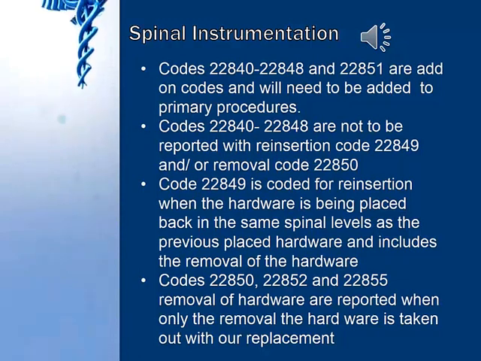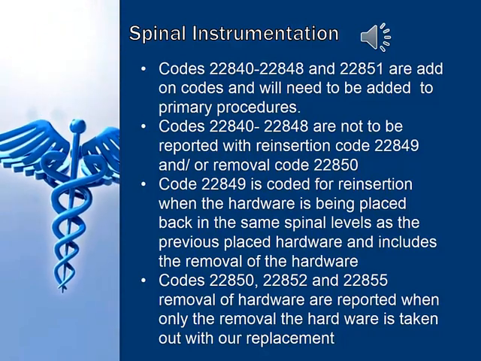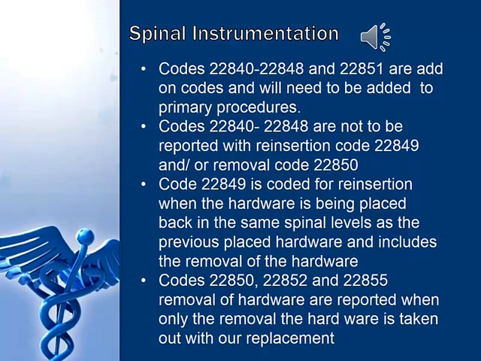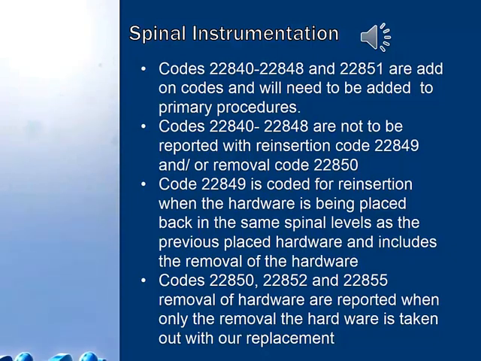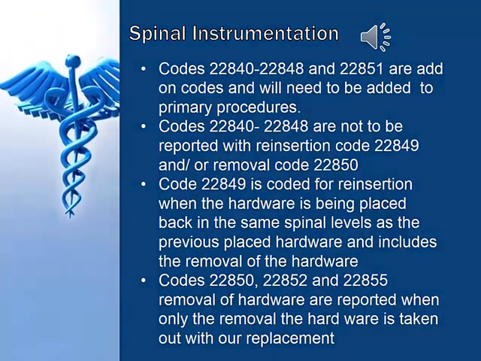Code 22849 is coded for reinsertion when the hardware is being placed back in the same spinal levels as the previous placed hardware that was removed. Codes 22850, 22852, and 22855 are codes for removal of instrumentation and are to be reported when the removal of hardware is taken out without replacement.